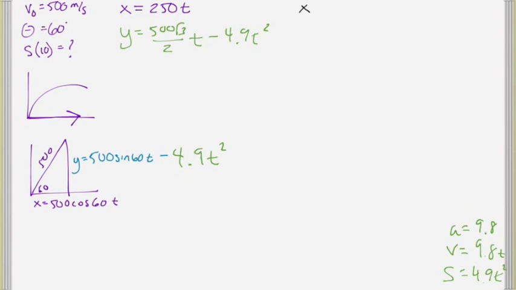So according to x, that would give us 2,500. And according to y, that gives us 3,840. So that means after 10 seconds, this thing is 2,500 meters away from where it started horizontally, and it is 3,840 meters above the ground. Okay?